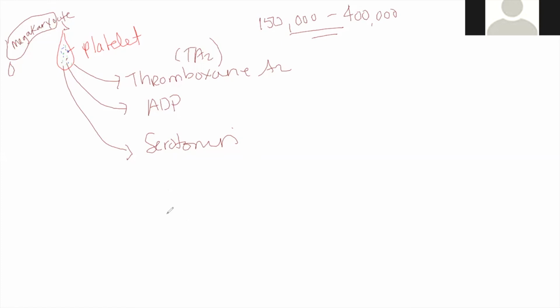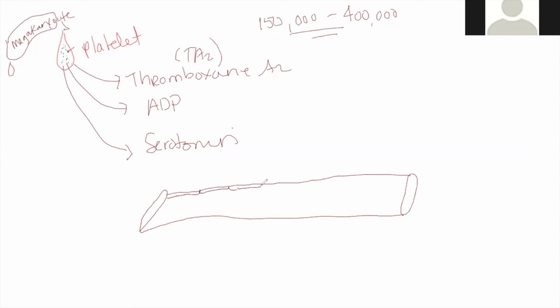Well, for many different reasons, but for one of those reasons, let's draw out a blood capillary here, all right? And a blood capillary is the thinnest of all the blood vessels, all right? And what it has inside of it is this very thin lining known as the endothelium.